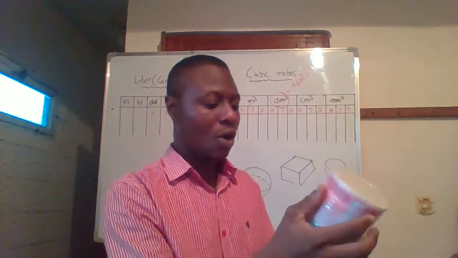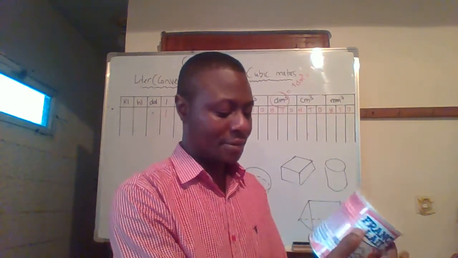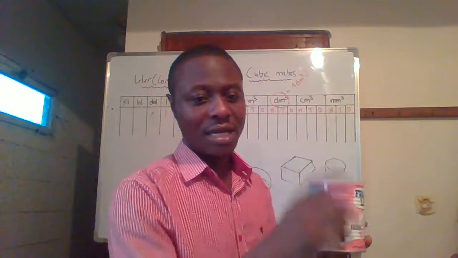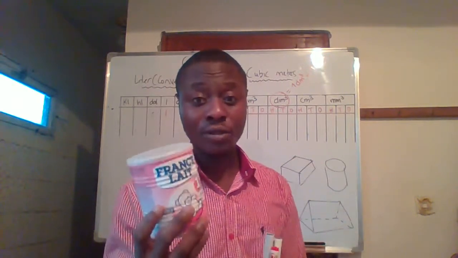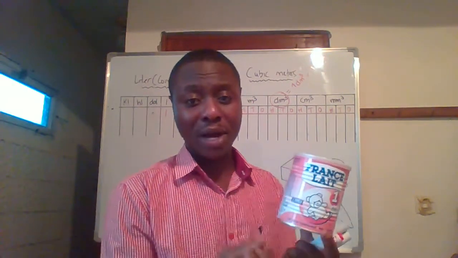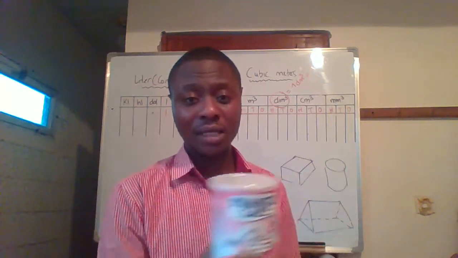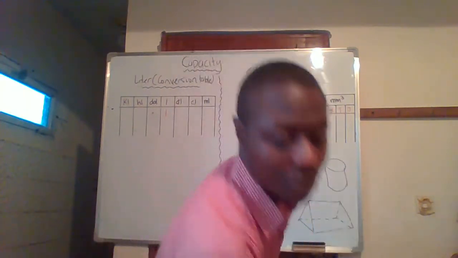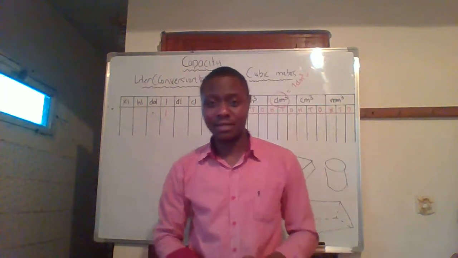This one says grams because this container holds powdered milk. But if it was liquid milk, it could have been written in liters or in cubic meters.